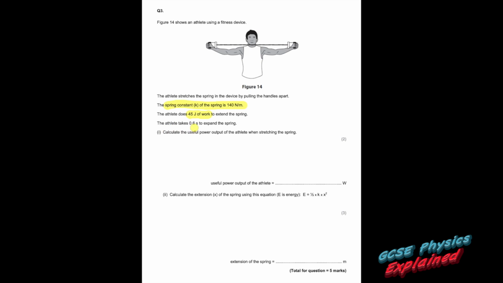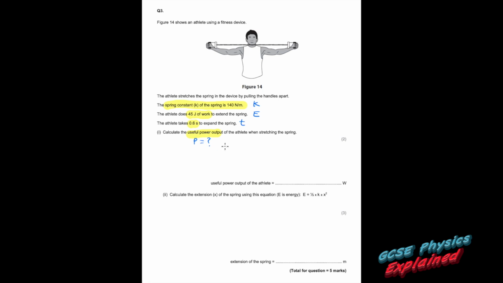The athlete takes 0.6 seconds to expand the spring. Calculate the useful power output of the athlete when stretching the spring. It's given us a K value, an energy value and a time value, and we've got to work out the power.